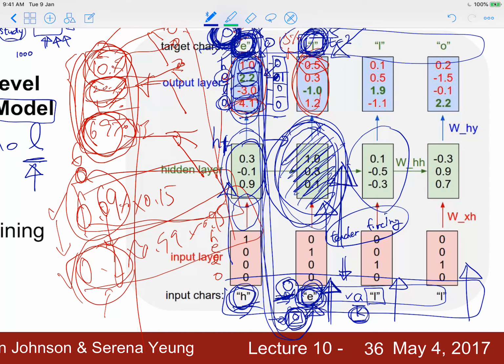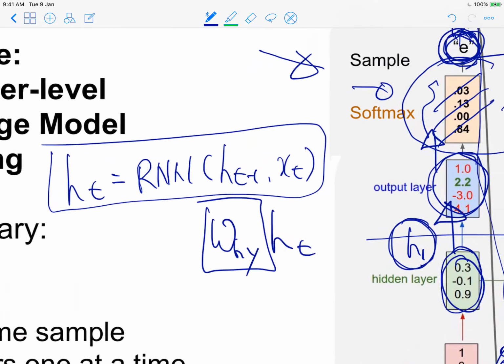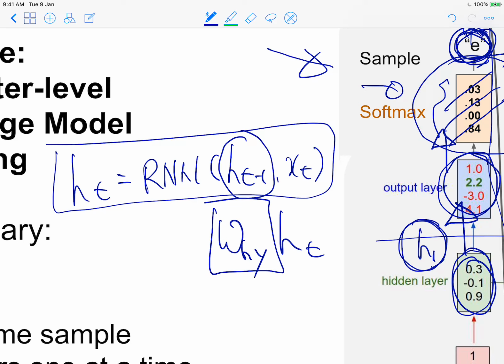So ht-1 is this guy, which has to be computed based on the previous time step's input and the previous time step's hidden state vector, right? So from this recursive formula, like this, okay? So here, we have to produce this ht-1 in order to compute this ht. So among the computation of these ht across different time steps, they cannot be parallelized.